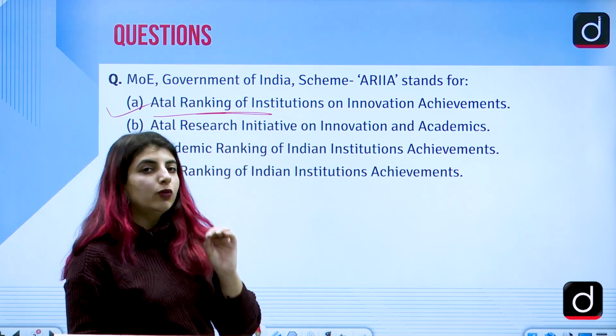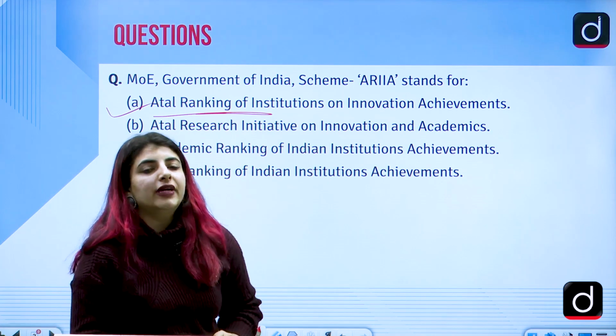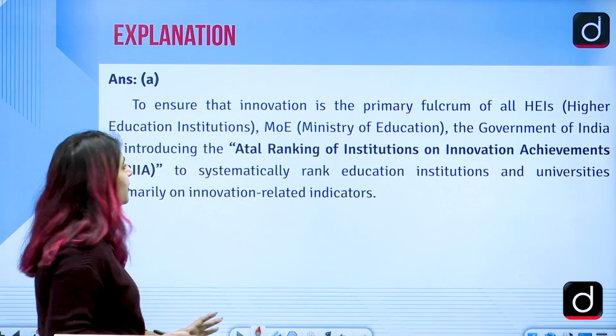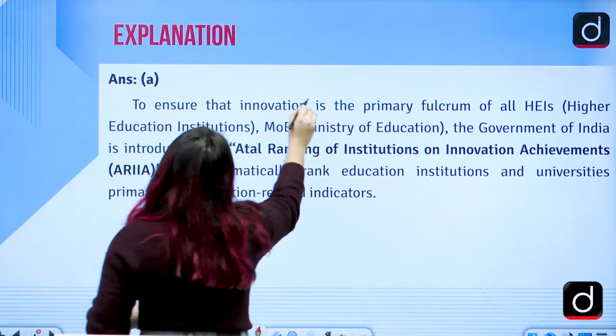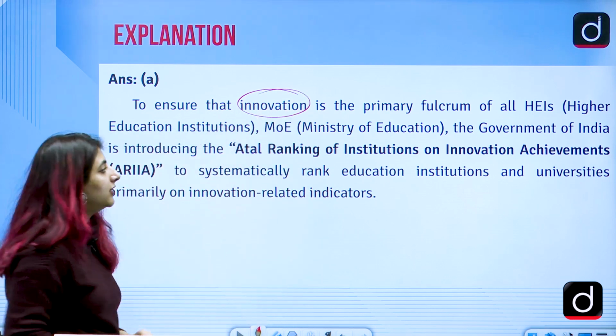If you know the abbreviation in its entirety, you will be able to guess the answer correctly. The explanation is that the aim is to ensure that innovation is the primary fulcrum of all higher educational institutions.